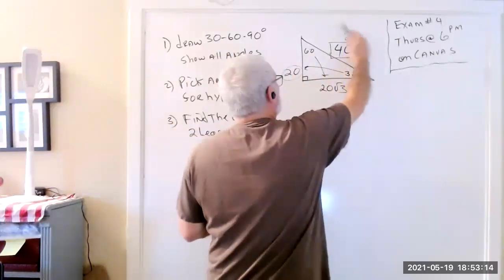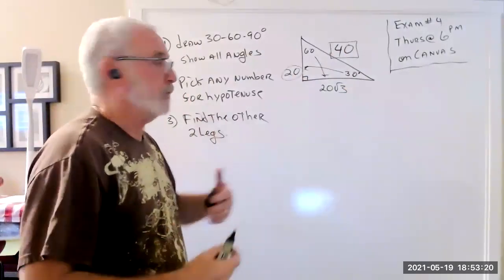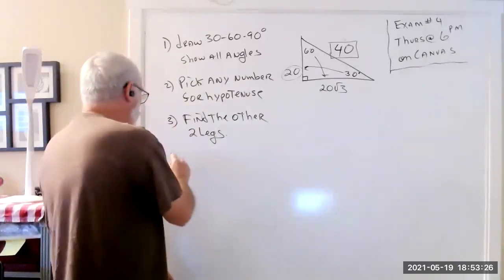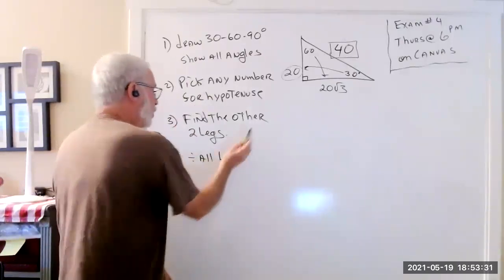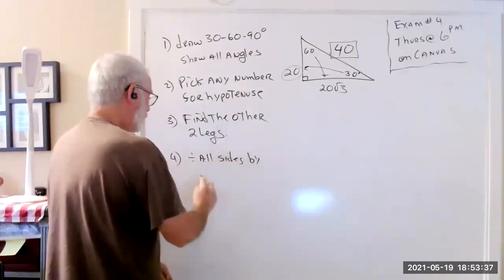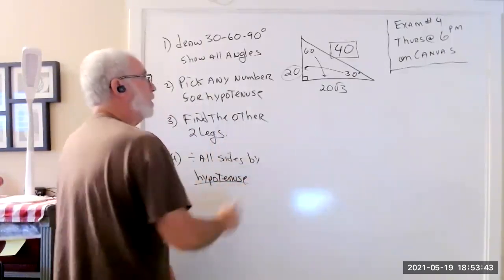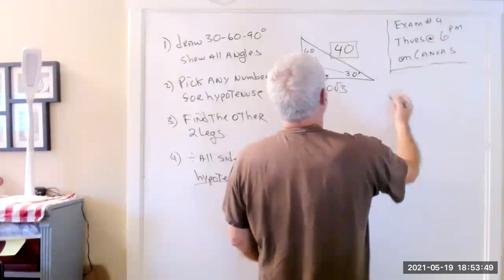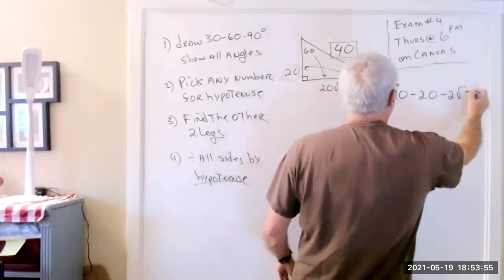Now, because everybody did this differently, you're going to have all different answers. But here's the next thing I want you to do. I want you to divide all sides by the hypotenuse. I'll show you what I mean. On mine, I have 40, 20, 20 radical 3.